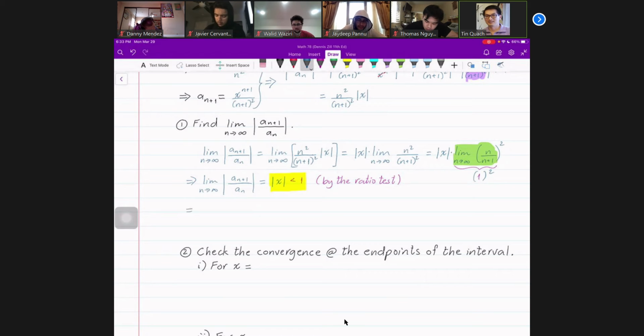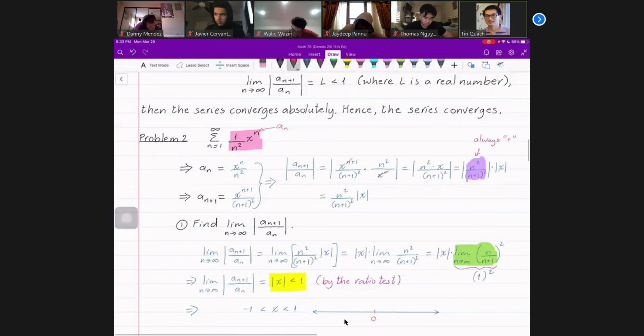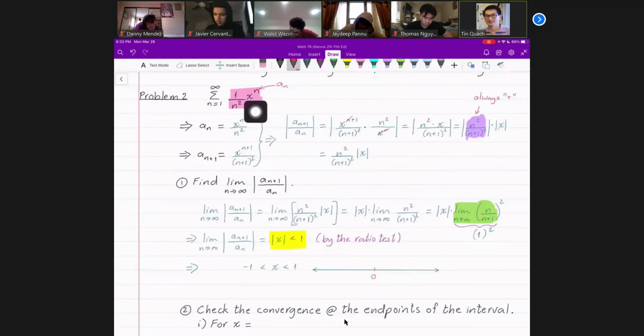Now, if the absolute value of x is less than 1, that implies x is in between -1 and 1. So here's the interval. You have center at 0, right? When you look at the series, you should know that that is center at 0 because that's x minus 0 quantity to the nth power.